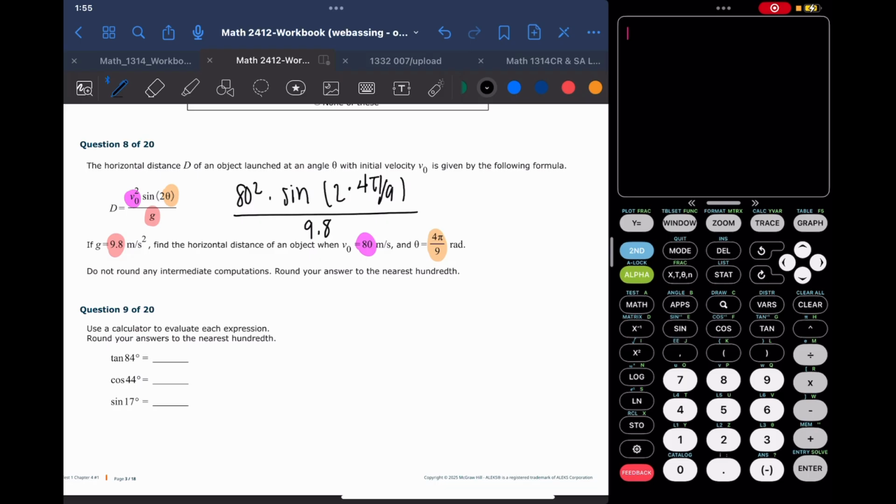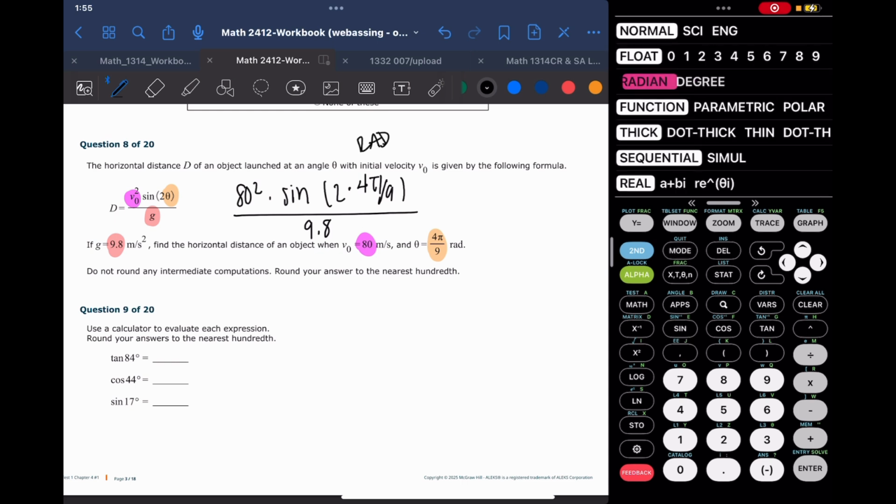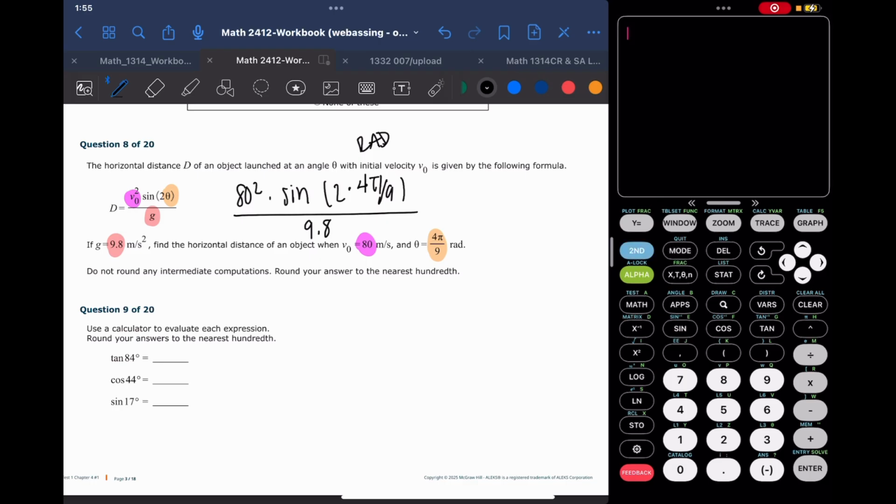I'm going to work the numerator first. I do want to make sure that this is all in radian, so when you check your mode, you want to make sure it's highlighted in radian. We're just going to enter it the way we see it: 80 squared times sine of 2 times 4 pi over 9, and then all of that divided by 9.8.